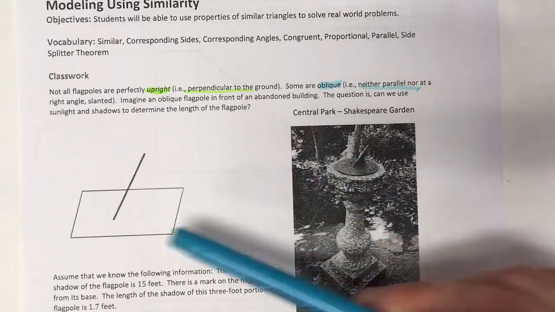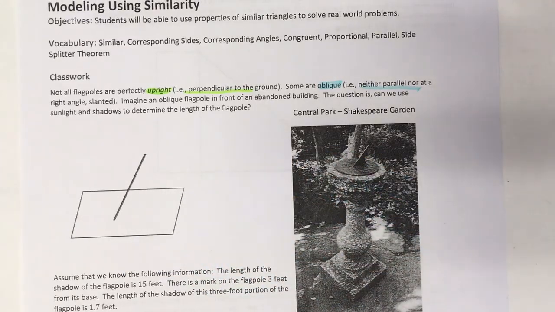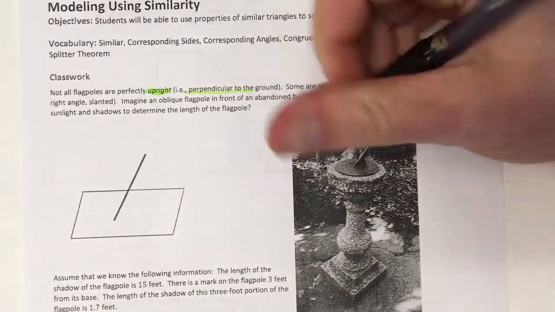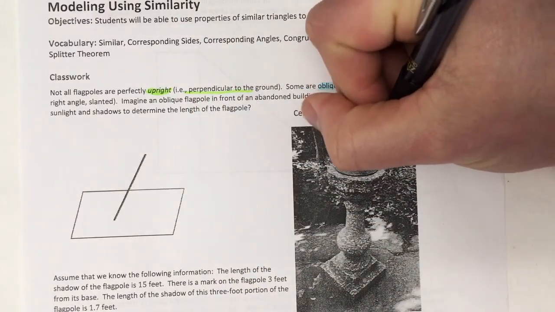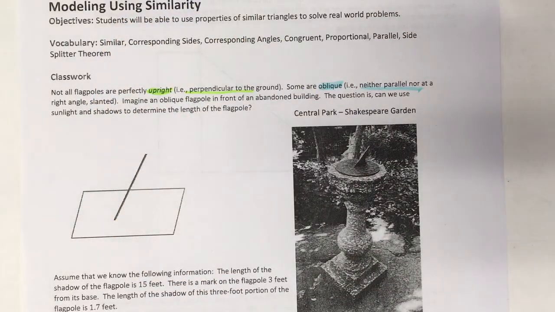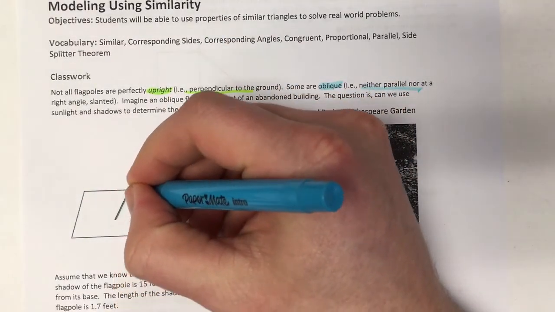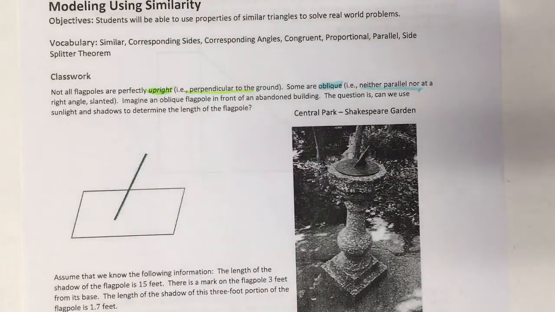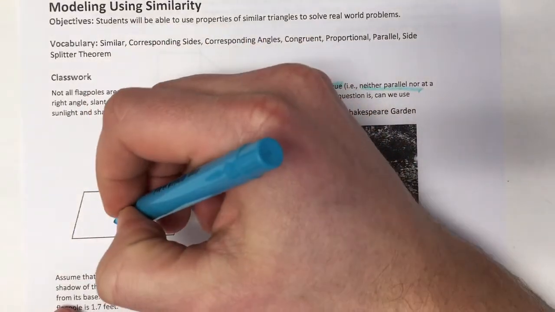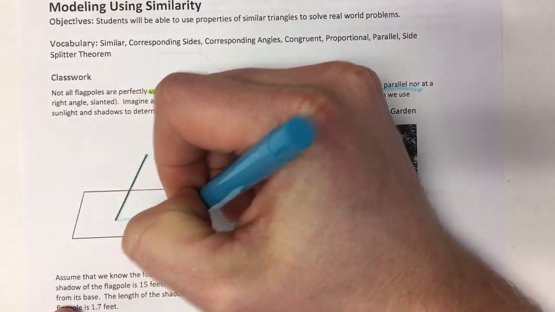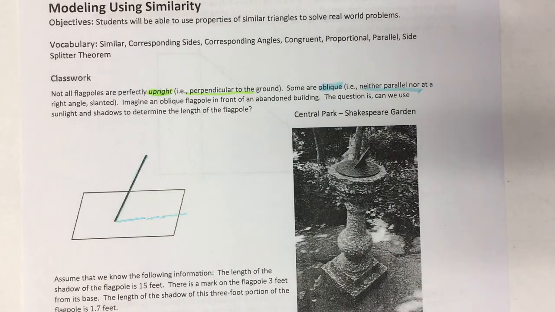A sundial is used similarly, it puts the angle at a very specific angle and allows the point to land right on, to give you an idea of what time it is. Well, this flagpole can be used similarly, but we'll just do the flagpole. It's blue, and it would cast a shadow down on the paper as such.